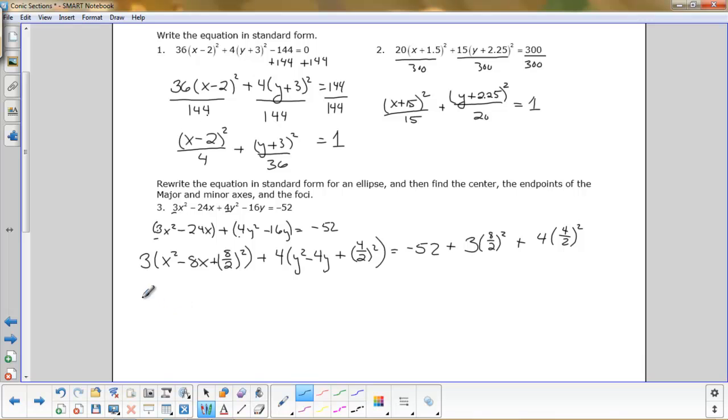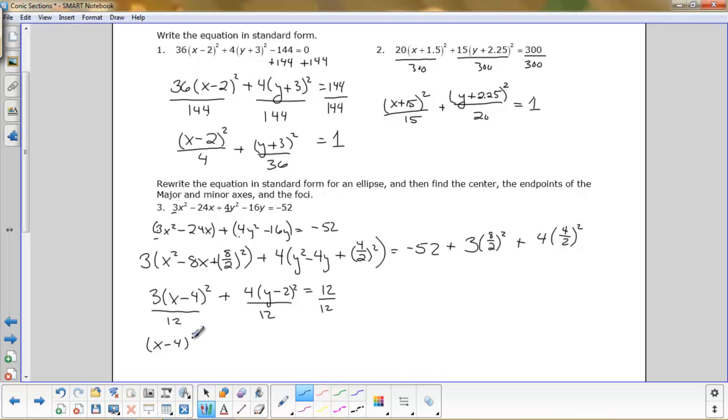So now what we get is 3 times x minus 4 squared plus 4 times y minus 2 squared equals 12. Dividing out 12 all the way across will finish the work of putting this in standard form.